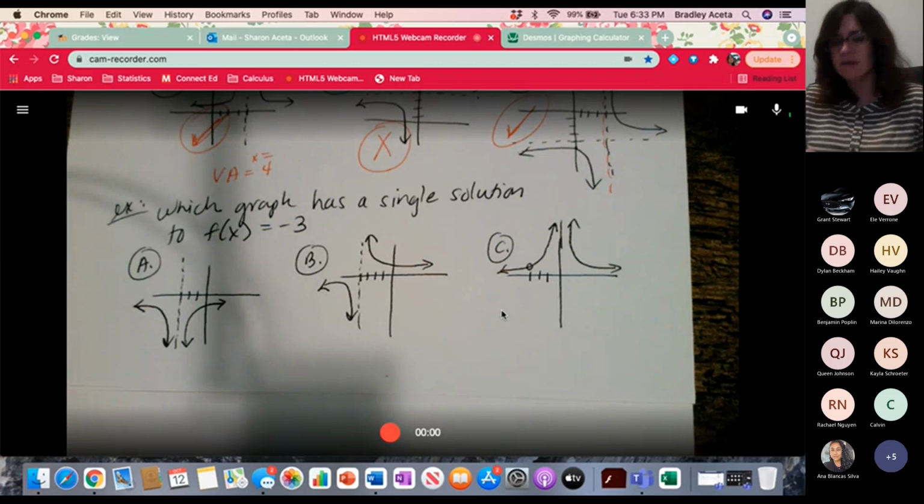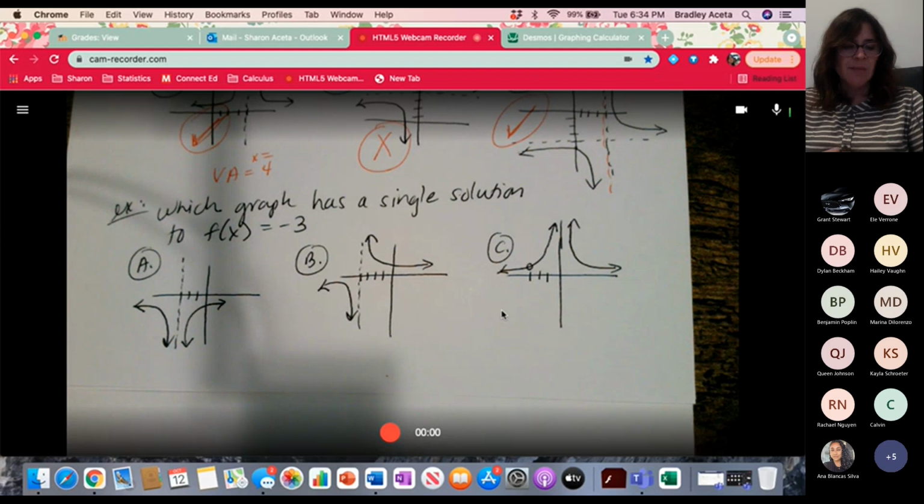Just thought this one was a little bit different way of thinking about it, so I want to give you a moment to copy this down and understand which graph has a single solution to f of x equals -3. So this is where it got me.